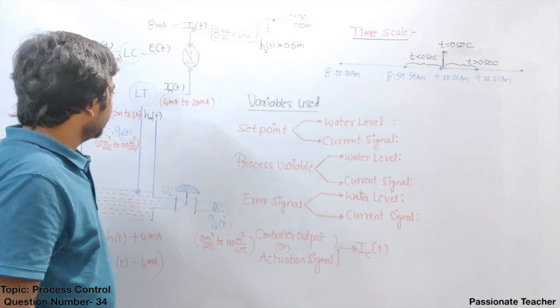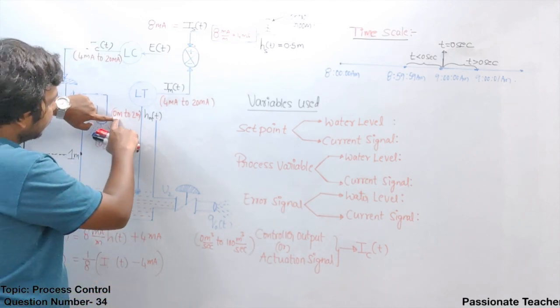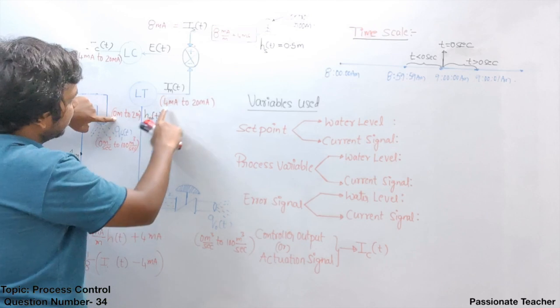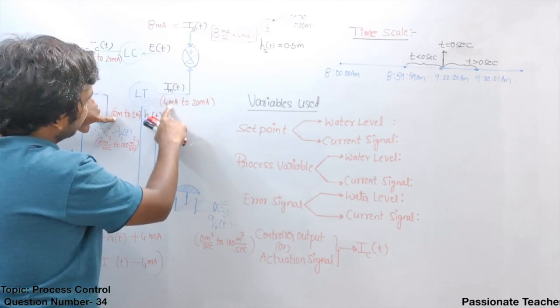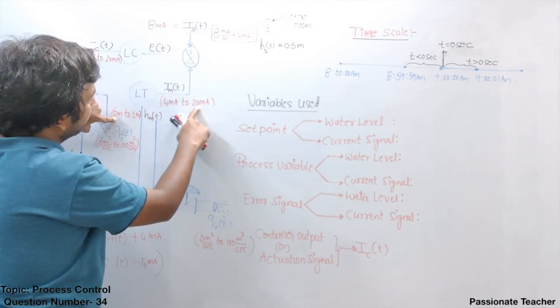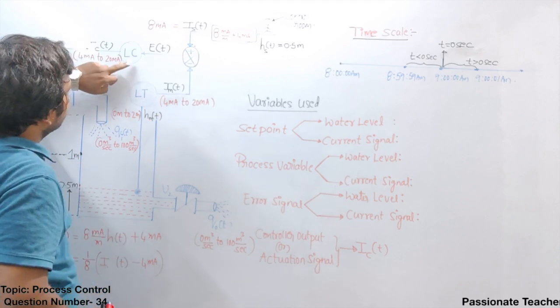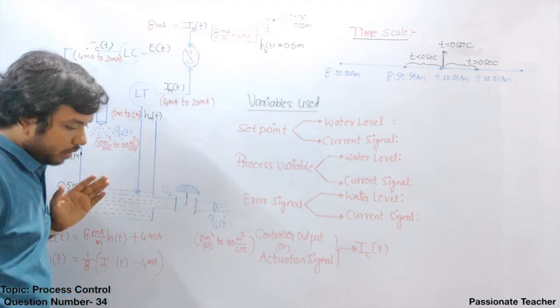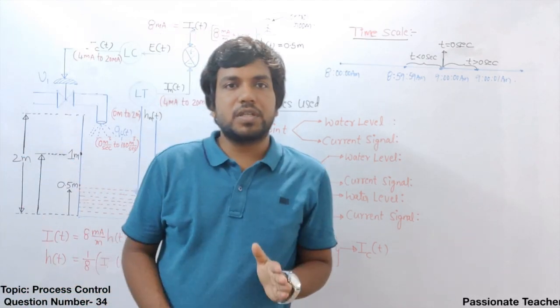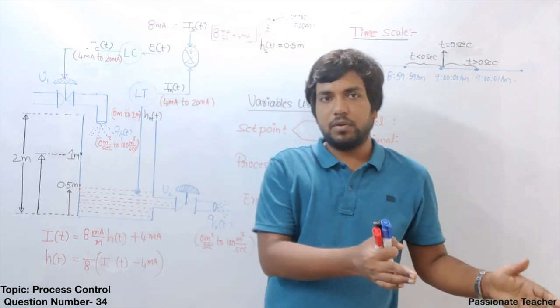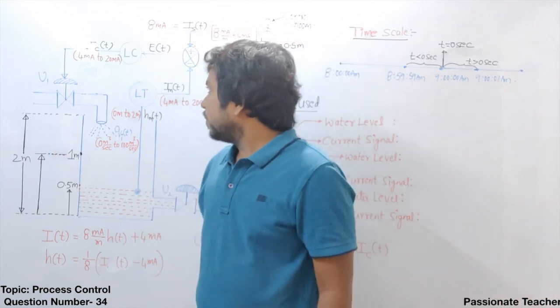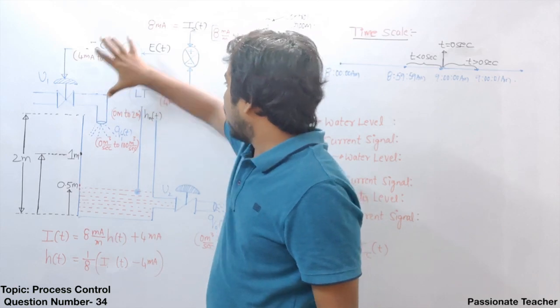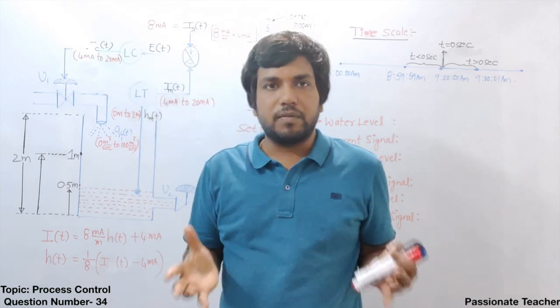Now the interesting fact here is the water level can change from 0 meter to 2 meter, and the current transmitted can be changed from 4 milliampere to 20 milliampere. Now the great thing is even the level controller is allowed to generate the current in the standard range only, from 4 milliampere to 20 milliampere. This means that all these ranges are fixed for the devices.